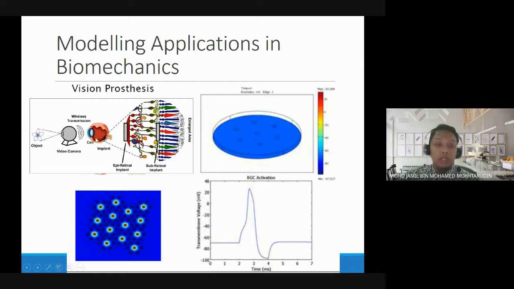There's a group in Australia, I think in Sydney, that created a prosthesis for vision. They implant small electrodes at the retina. So it replaces the function of the retina, and people can see as usual, but using a device, a vision prosthesis.